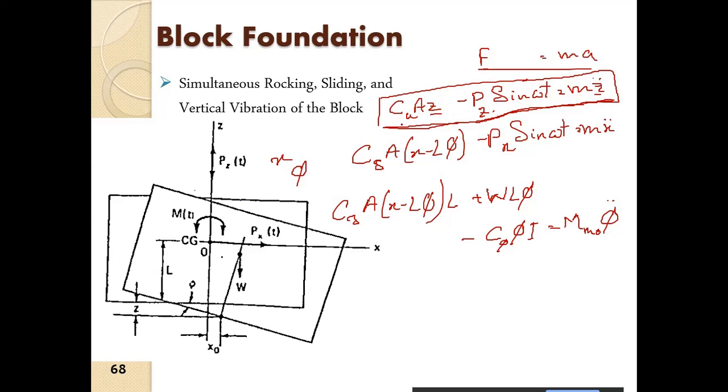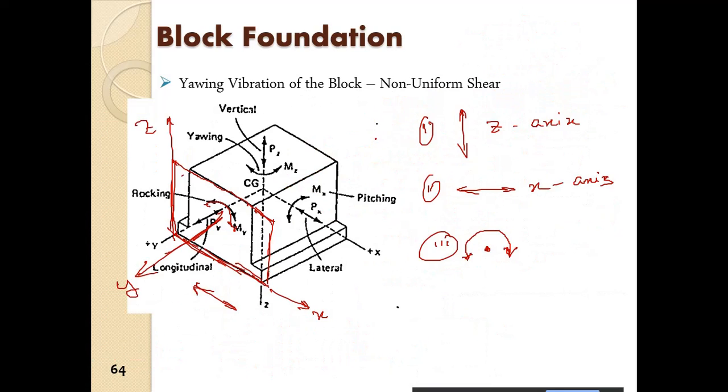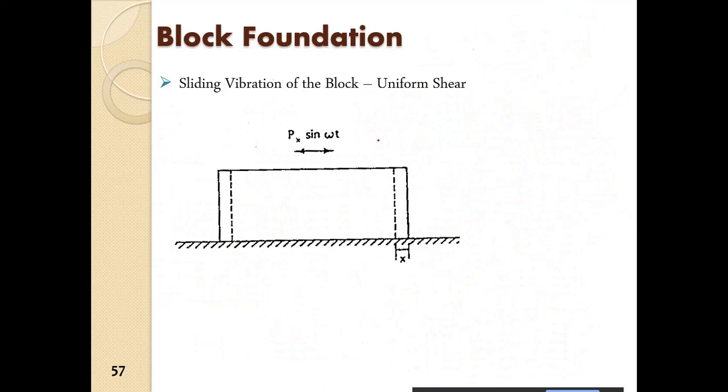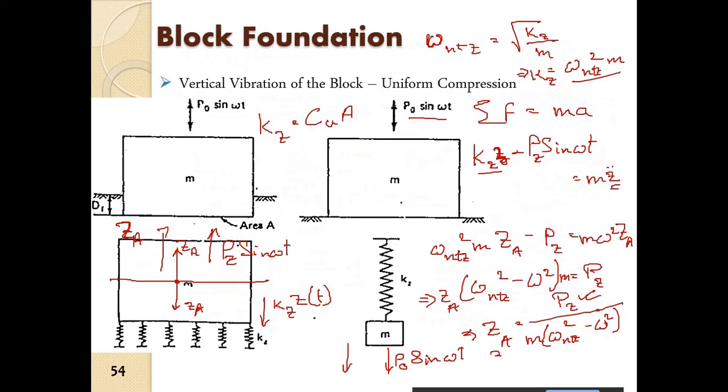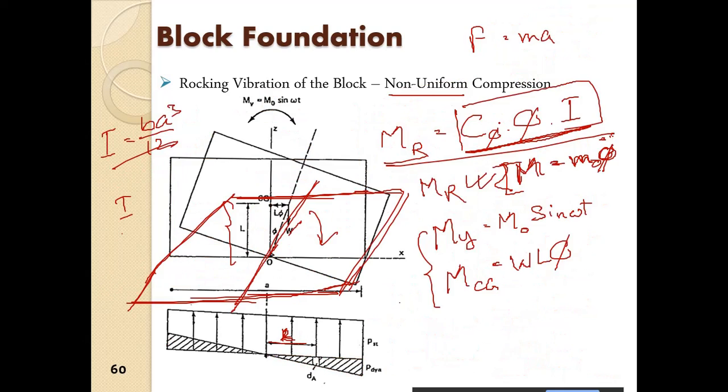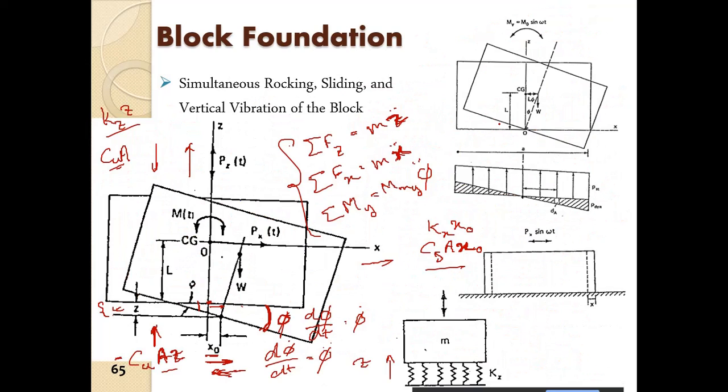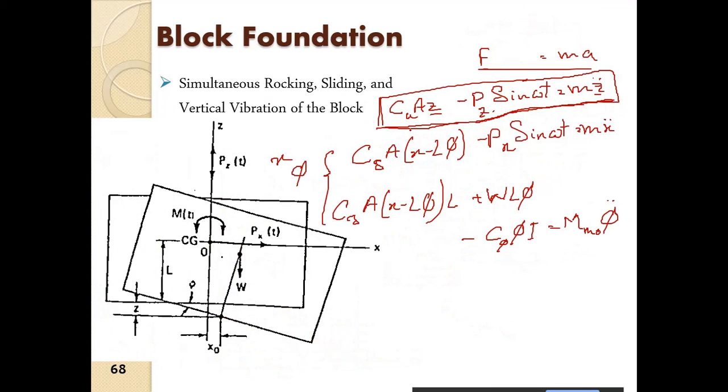So this mode of vibration is independent of whatever is happening here. Okay, so we have already solved that. So this is the solution here, and this will hold for this equation.